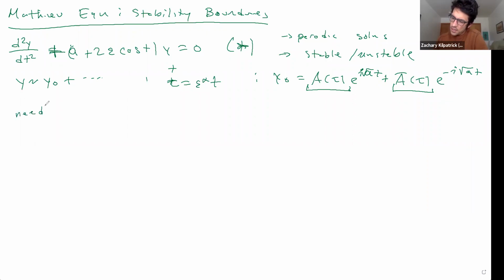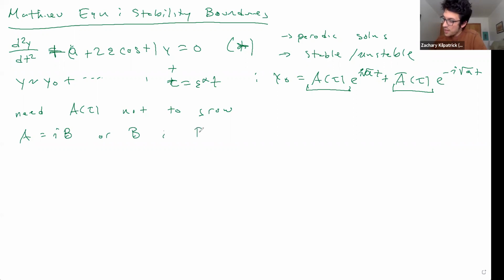And what we need is for A of tau not to grow. In general, we expect that A will be either of the form iB or B, either some imaginary part which would make this like a sine function, or B that would make this more like a cosine function.